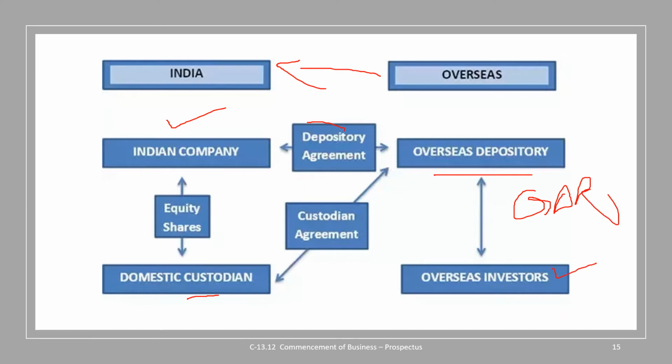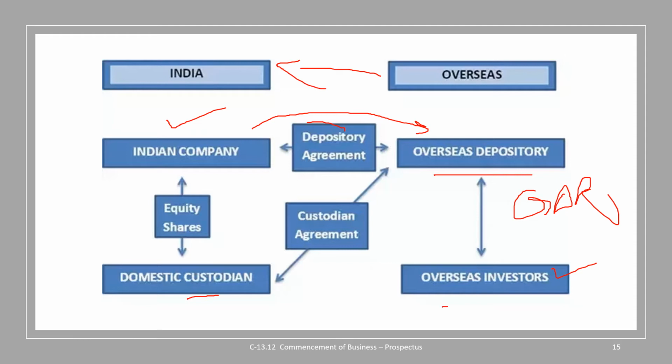Therefore, the overseas investors have got link only with the overseas depository, and the Indian company has got link only with the overseas depository. In the register of members of the Indian company, there will be only overseas depository which will be shown as holder of shares. Therefore, the voting rights and the dividend will move only to the overseas depository.